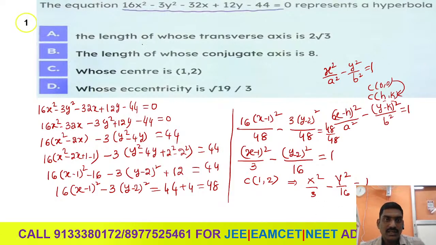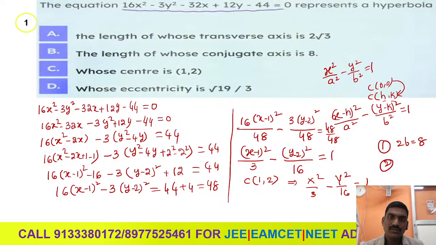So here what they are asking is the length of whose transverse axis. Here a is less than b, so the length of the transverse axis is 2b, that is 2 times 4, that is 8.